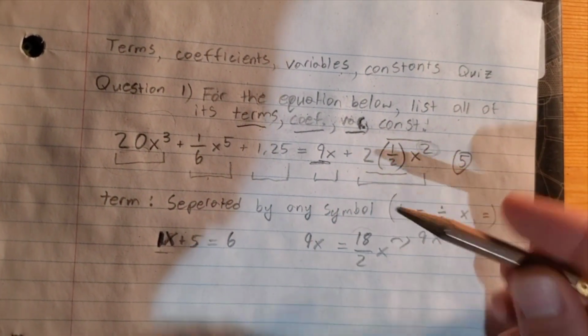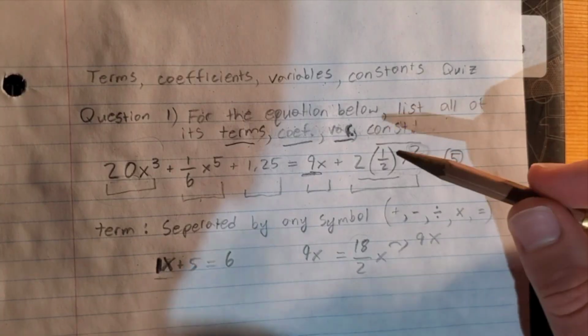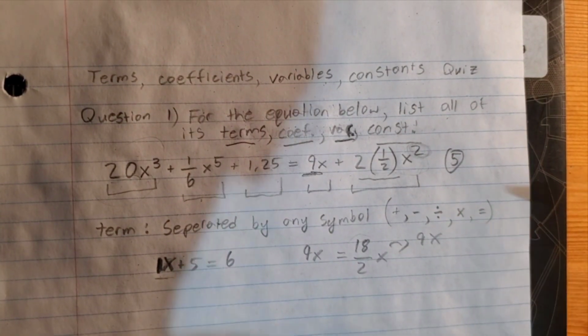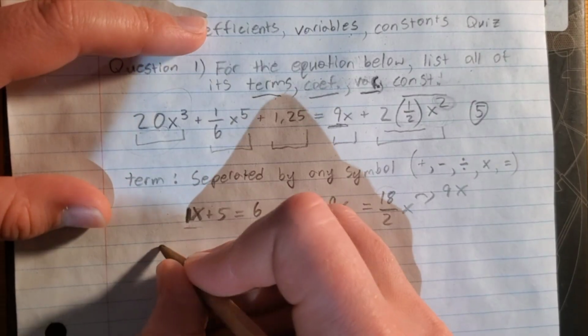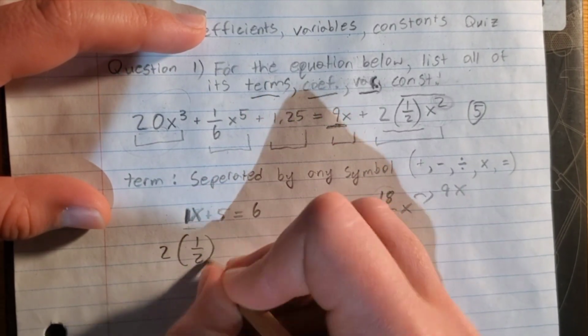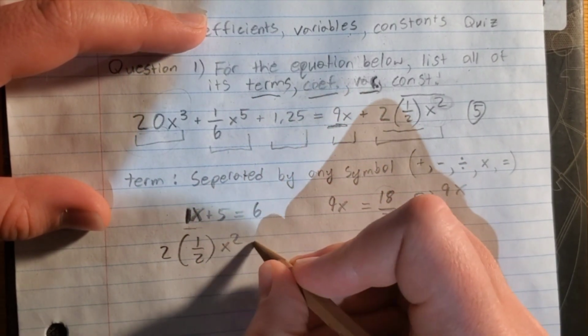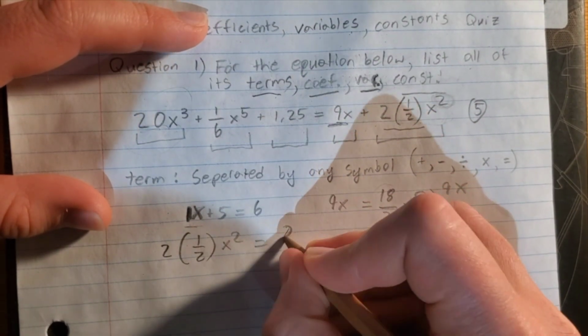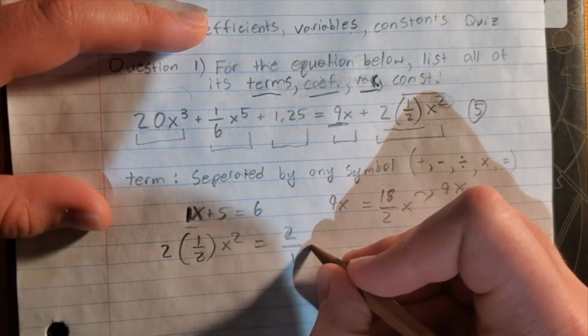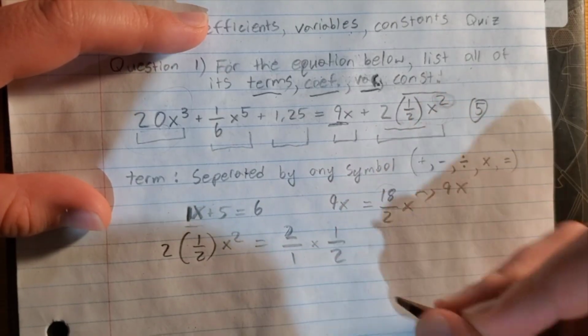So think about it this way. If I evaluate this, 2 multiplied by 1, right? Think about it. Let me write it out really quickly. Let's just say 1 over 2 x squared, right? So let's evaluate it like this. So the 2 is going to be over a 1, right? Because it's just a 2 multiplied by 1 over 2, right?